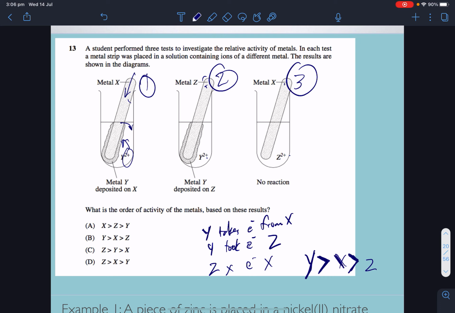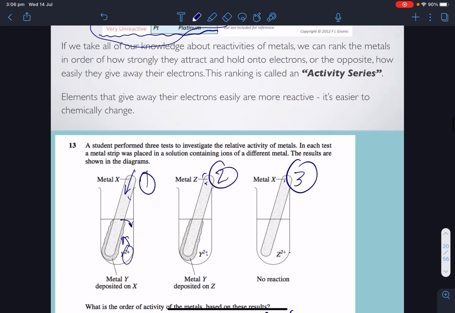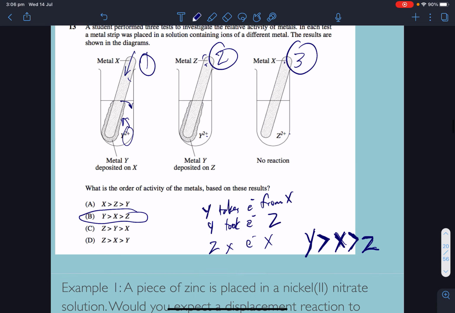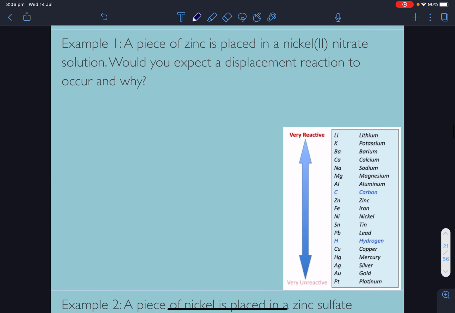So Z can't take electrons from X, and X can't take electrons from Y, but Y can take them from X. So it should be this one here, YXZ, so that should be B. I'm pretty sure I've got it around the right way.